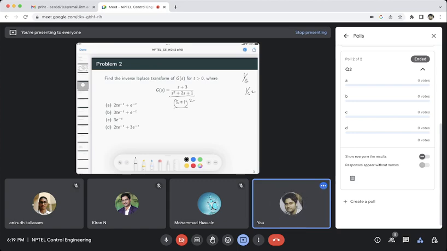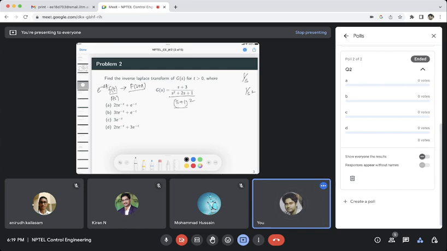Again, you know the shifting property, right? If you multiply e to the power of something times t in f of t, then if the Laplace transform of f of t is F of s, you just put s plus a there.